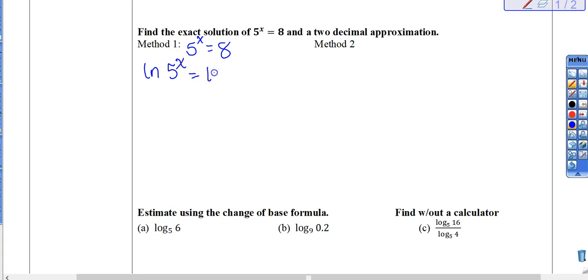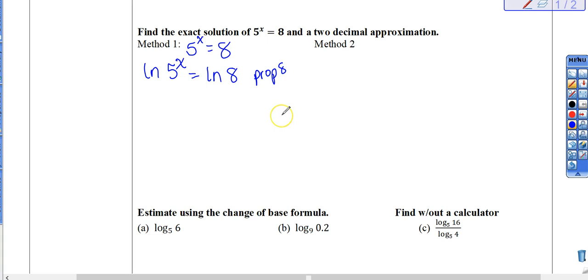Now, I am an efficient mathematician, and the word ln is shorter than the word log, so I will write ln instead of log. I'll use the natural log instead of the base 10 log. It doesn't matter. You can use whichever one you like. So that's property 8, right? Definitely property 8.